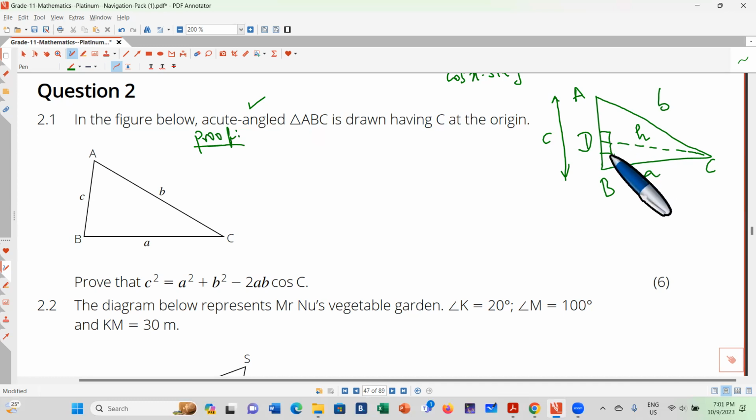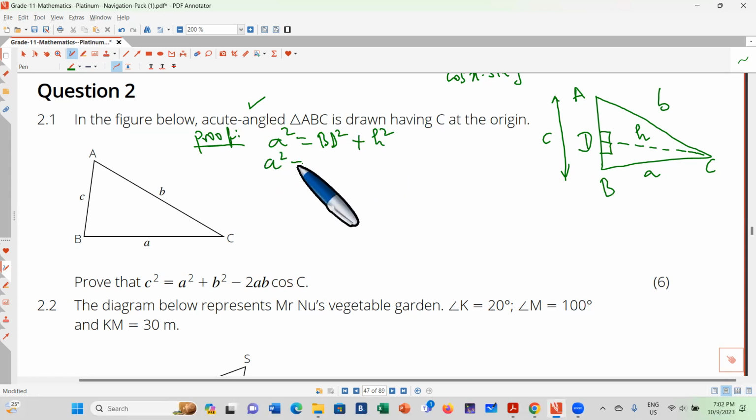It has yielded two right angles. So now, what do we do here? We can work in this triangle here and say A squared is equal to BD squared plus H squared.